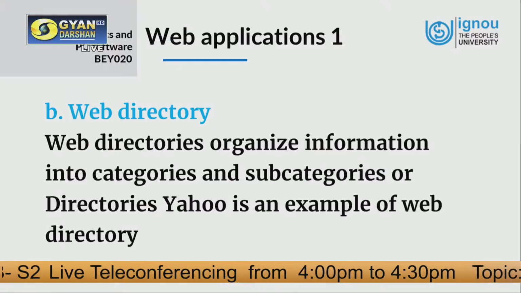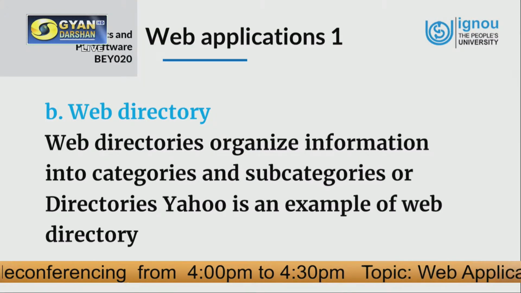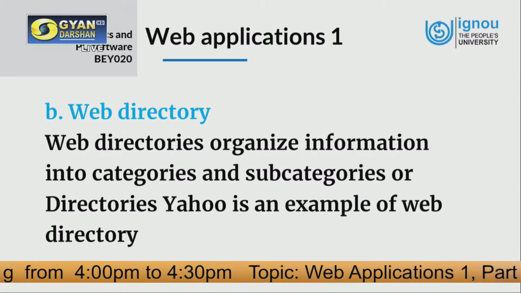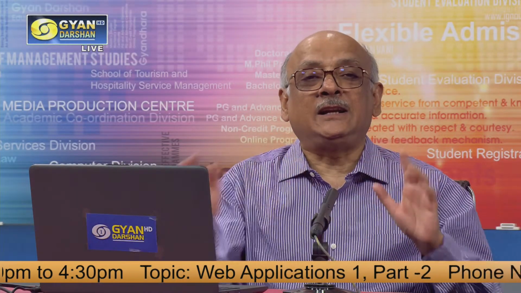Then came some search engines which were web directories. Web directories organize information into categories and subcategories or directories. Yahoo.com is an example of a web directory. So the web directory was primarily a collection.